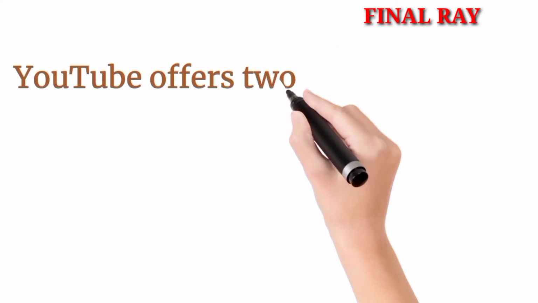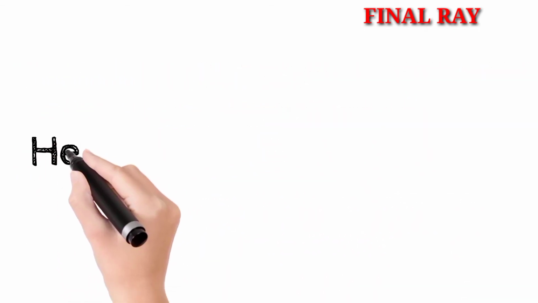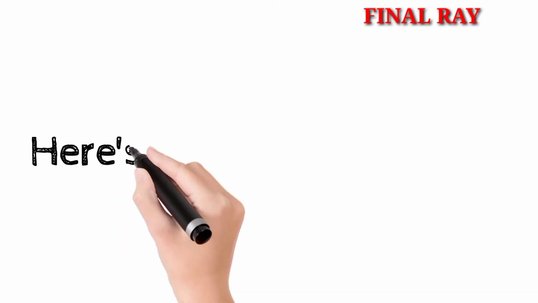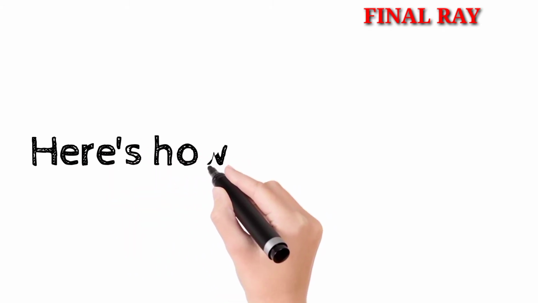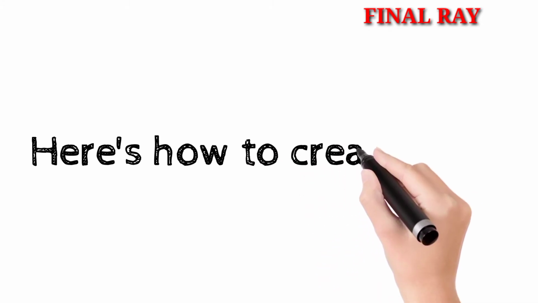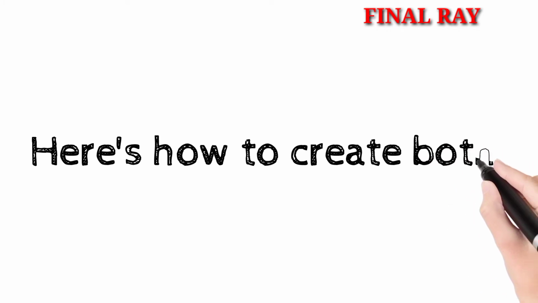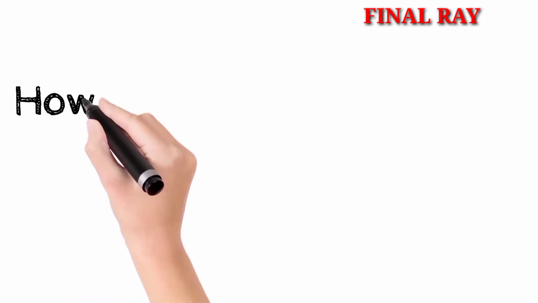So here are very simple steps. YouTube offers two types of options: personal account and brand account. I have already discussed this. Here we are going to discuss how to create them. There are two simple methods. For a business account there is one method, and for a personal account there is another method.